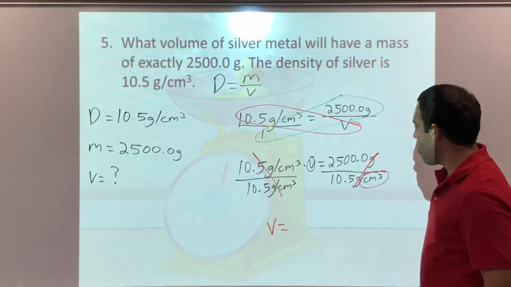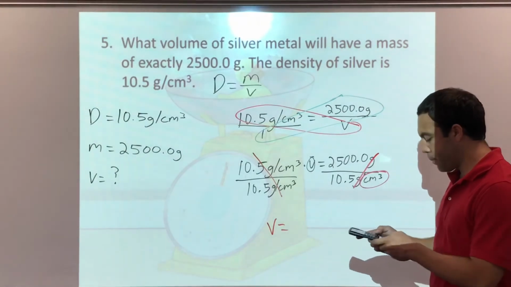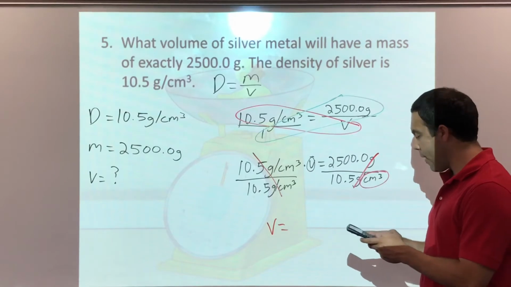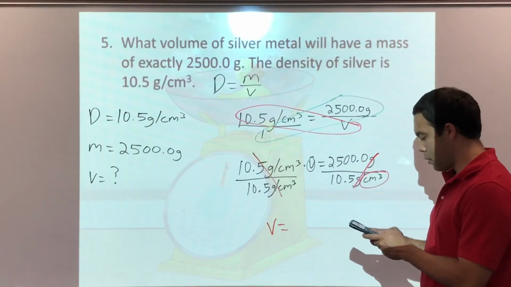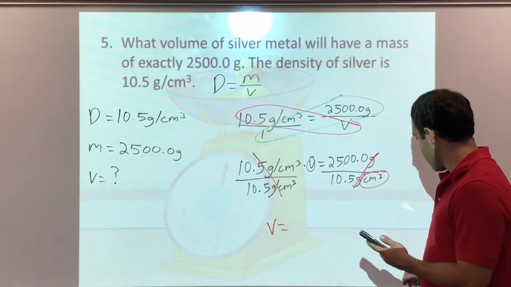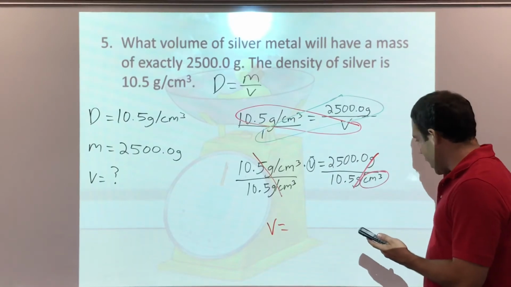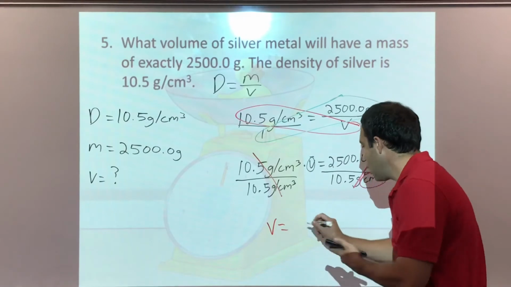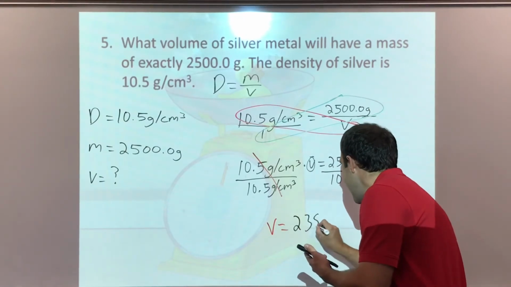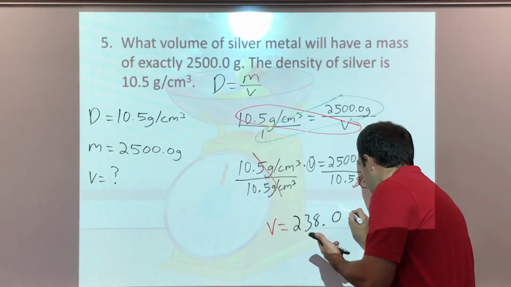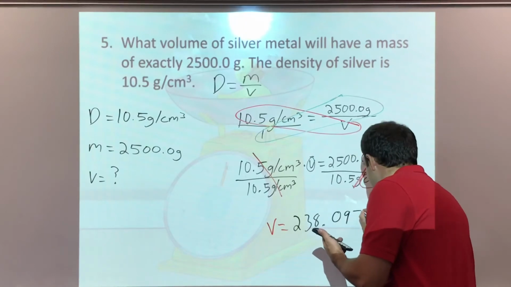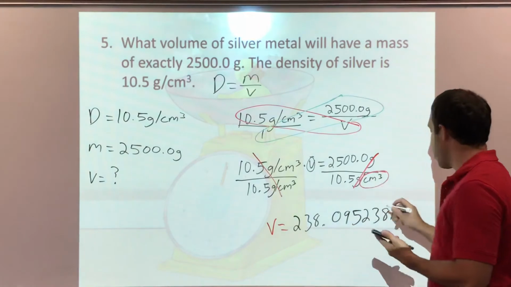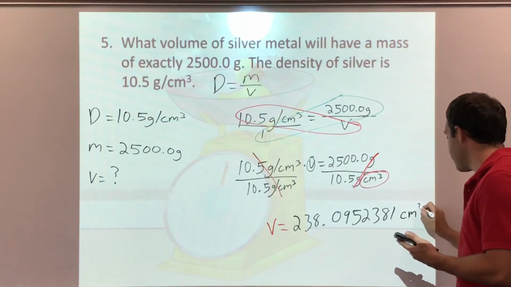So let's perform our mathematical operation. 2,500.0 grams divided by 10.5 grams per cubic centimeter is going to give you this very long number, 238.095238.1, and of course we're left with cubic centimeters.